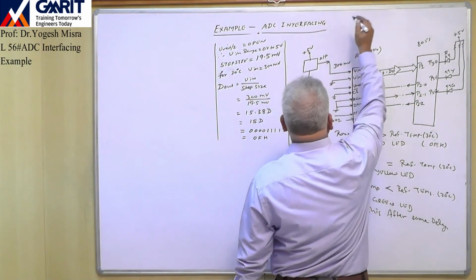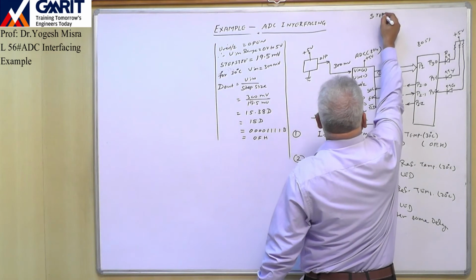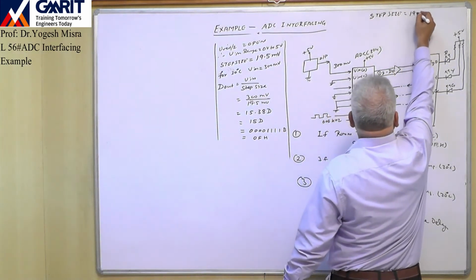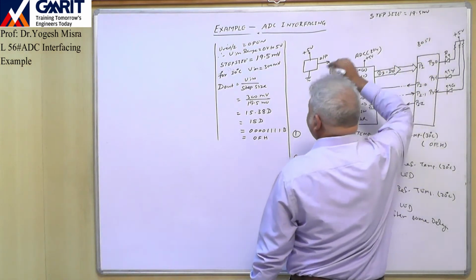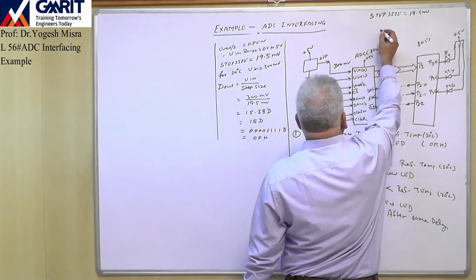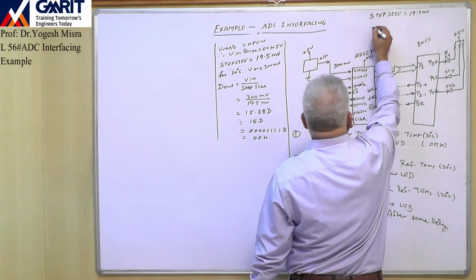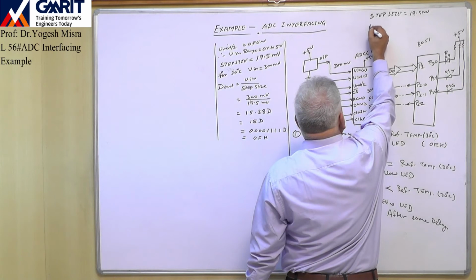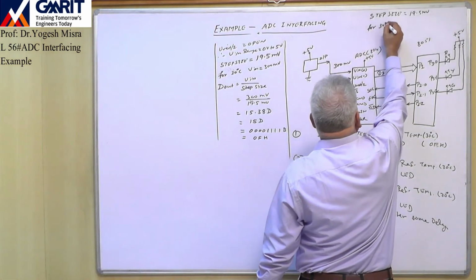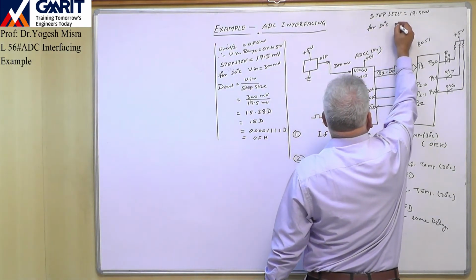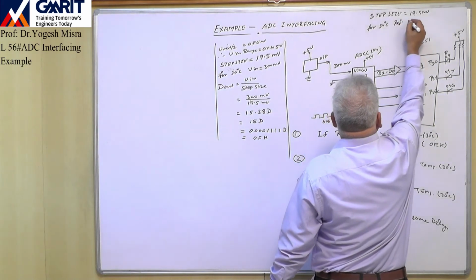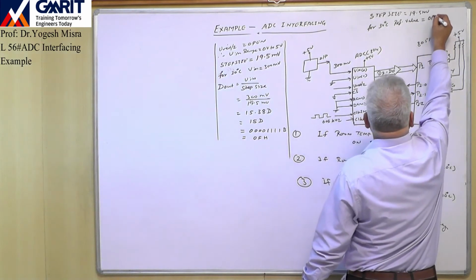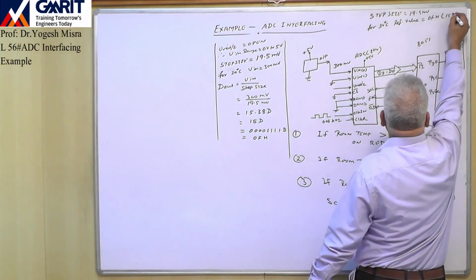So here, the step size is 19.5 millivolt and for 30 degrees Celsius, reference value is 0FH or 15D.